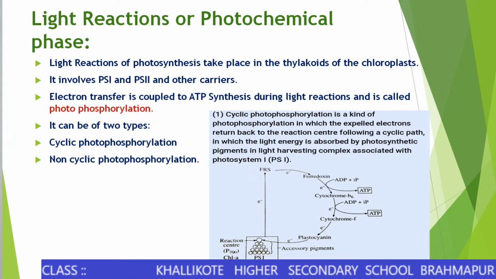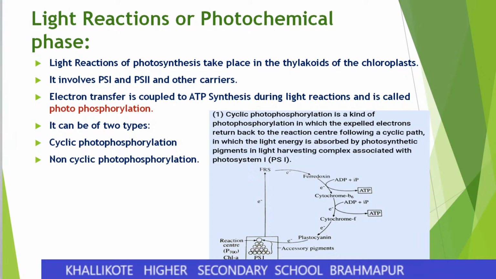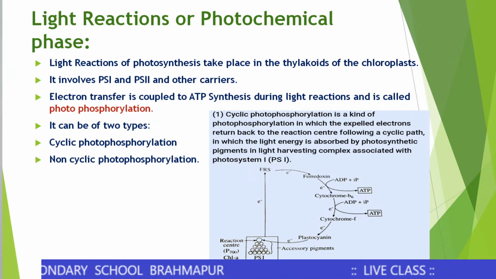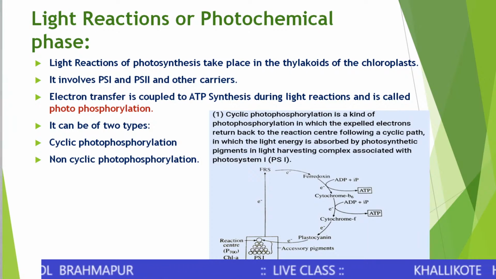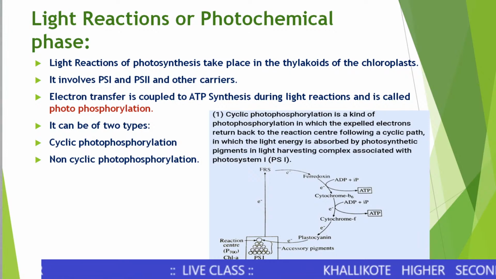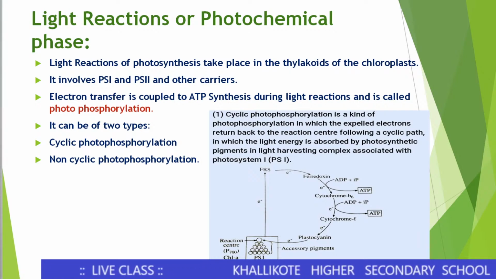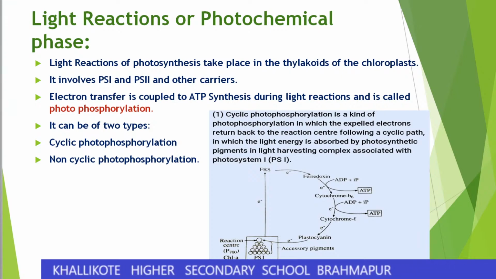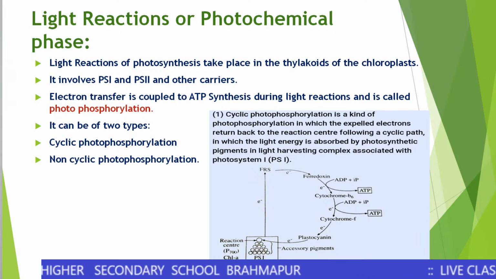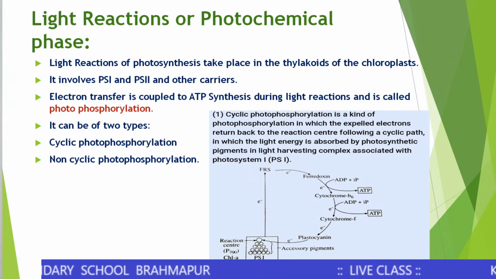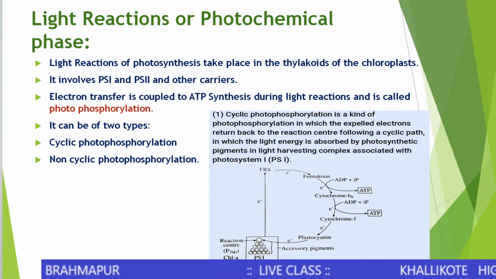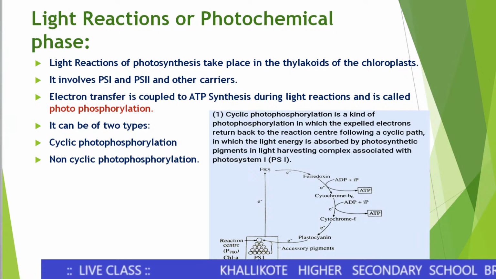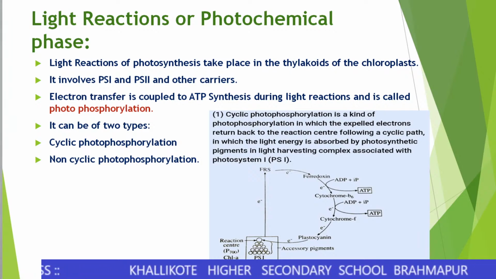That is, the electron that was expelled from P700 flows back to P700 through various electron acceptors. These electron acceptors are arranged in the thylakoid membrane according to their redox potential, and so the electron flows downhill to come back to its ground state in the chlorophyll A molecule, which is positively charged or oxidized. So this is the process of cyclic photophosphorylation.